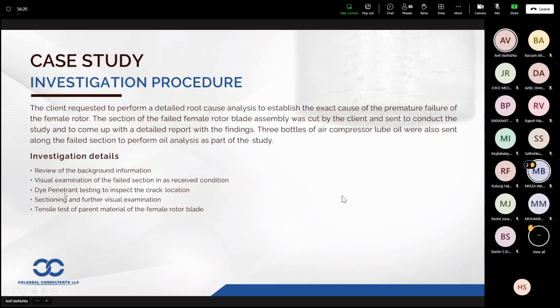The location in the vicinity of the crack and the locations which were suspected to be the crack initiation points, a sample was taken from that particular location, sectioned and further examined. Tensile testing of the parent material of the blade was done, and the splitting of one typical crack was done to evaluate the fracture morphology.